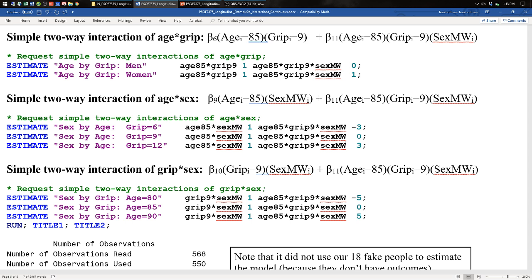The men or the women? The men, yeah. So the model already tells me what the age by grip interaction is for men. The three-way interaction tells me how it differs for women. To get to what it is for women, I add the two together.